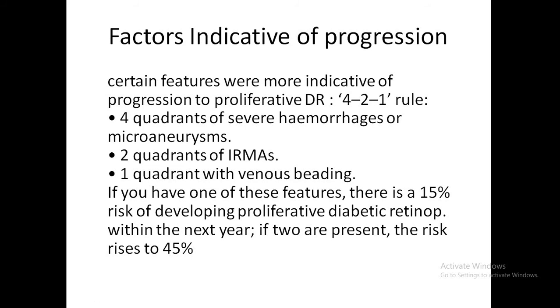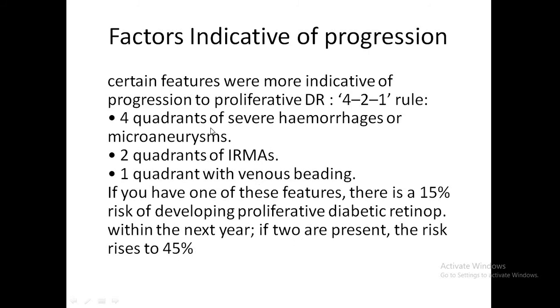So factors indicating progression to proliferative DR, you have a 4-2-1 rule here. If there are 4 quadrants of severe hemorrhages or microaneurysms, or 2 quadrants of IRMAs, or 1 quadrant with venous beading, with any one of these, you have a 15% risk of developing proliferative diabetic retinopathy in 1 year, and if there are 2 present, it increases to 45%.